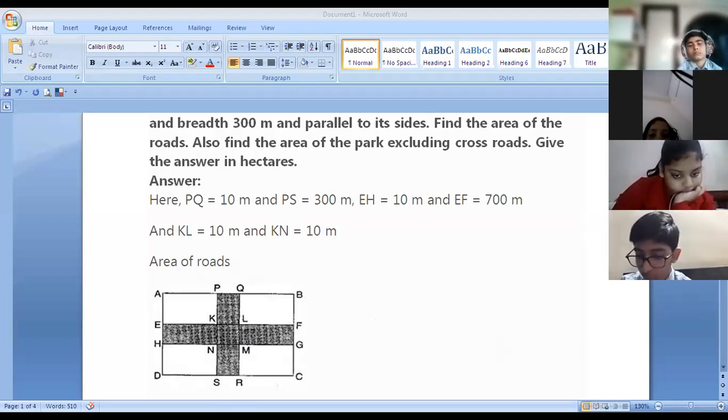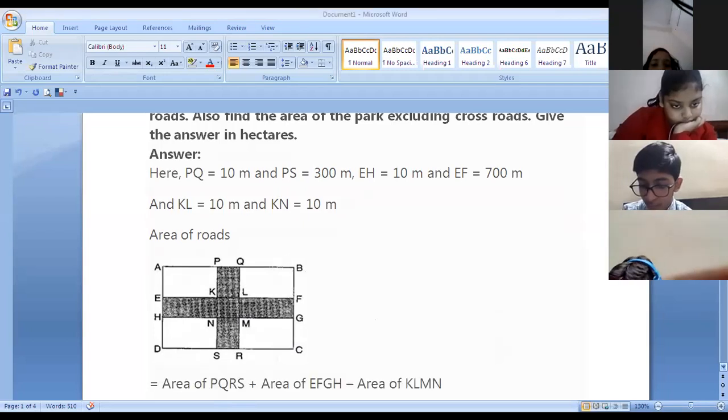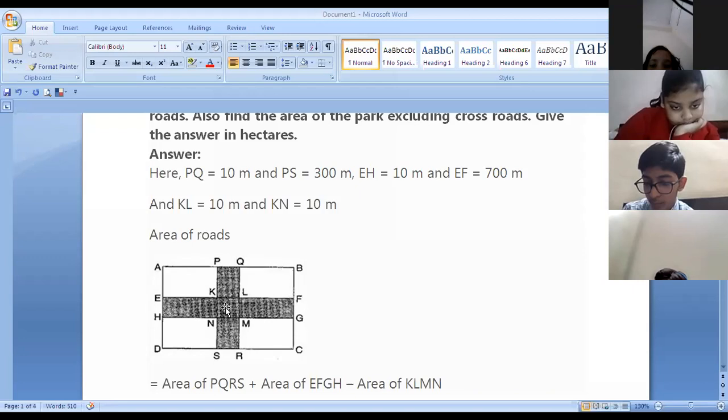First we'll take out the area of the roads: area of road PQRS plus area of road EFGH, and KLMN will be subtracted. These two crossroads will be added and we subtract KLMN once, because when you add the two crossroads, the square is counted twice.